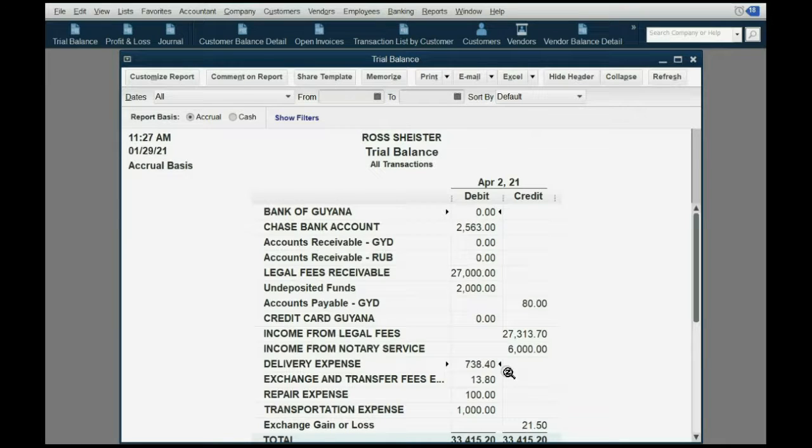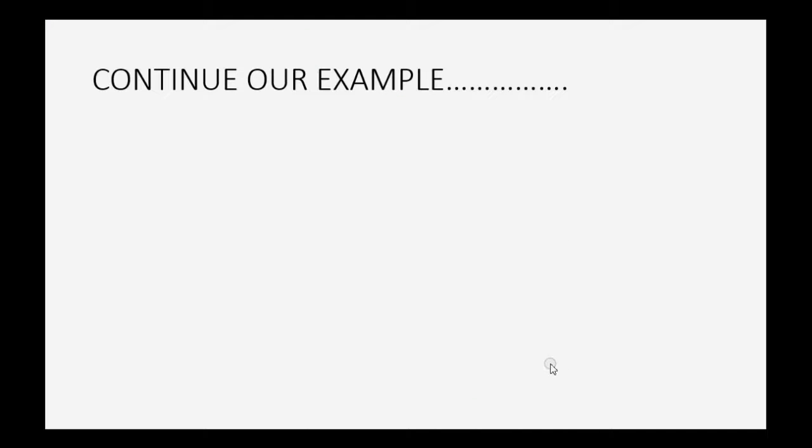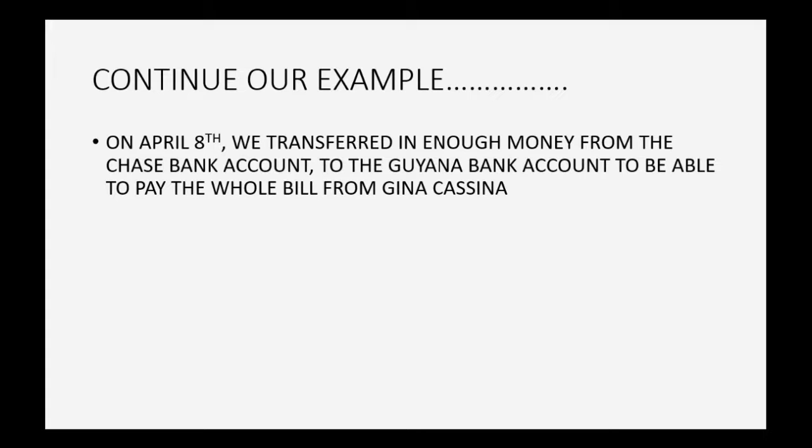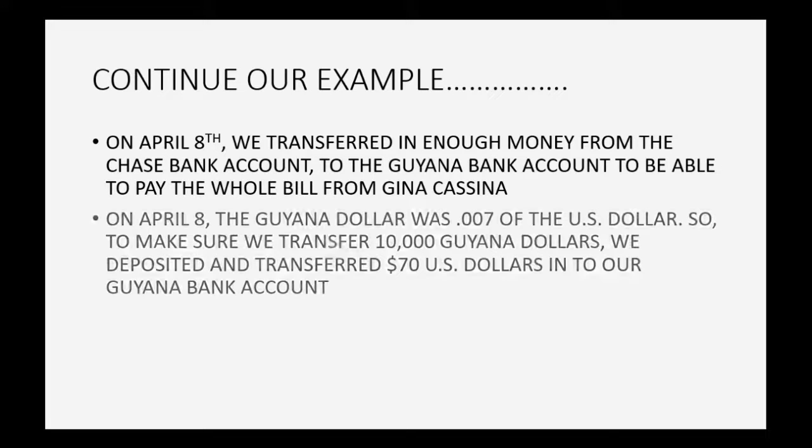became $738.40. So now we continue our example, and let's imagine on April 8th, we transferred in enough money from the Chase bank account to the Guyana bank account to be able to pay the whole bill from Gina Casina.